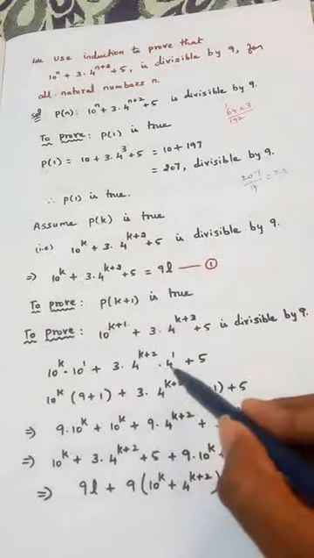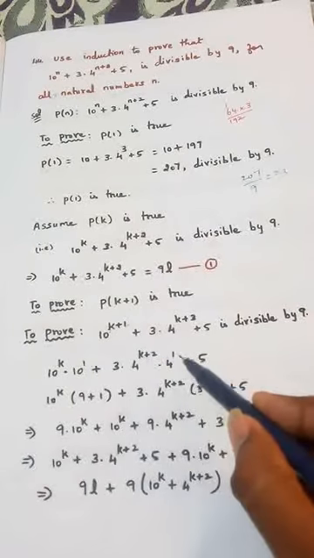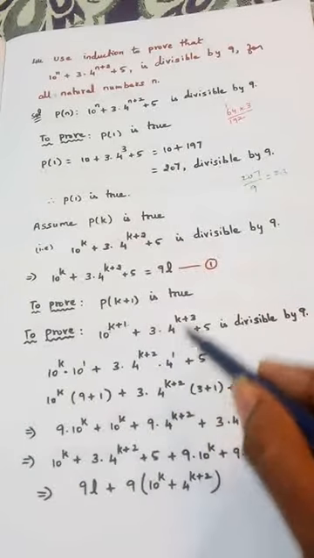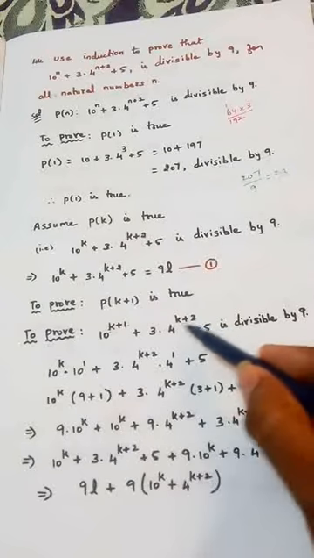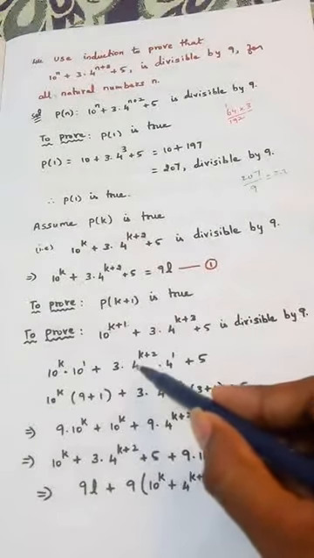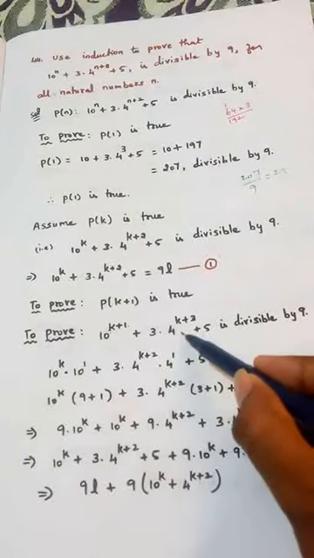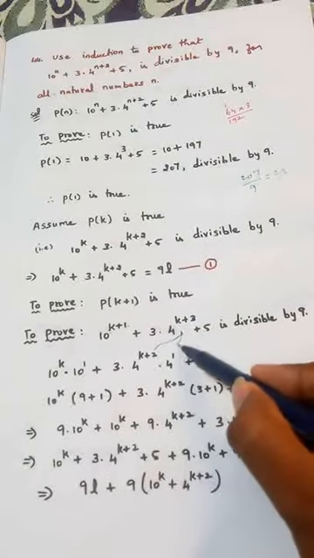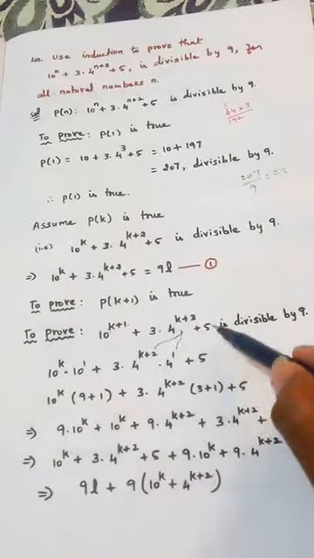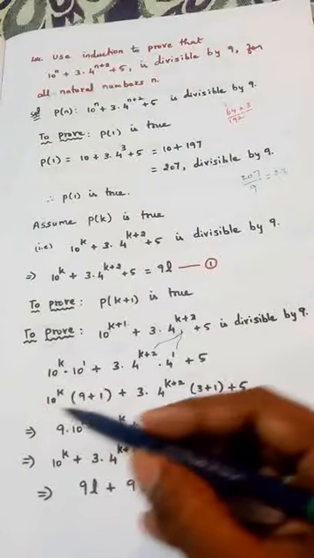Since the base is the same, I should add the power. K plus 2 plus 1 becomes k plus 3. So k plus 3 is split as 4 power k plus 2 into 4 power 1. Then plus 5. Try to understand.